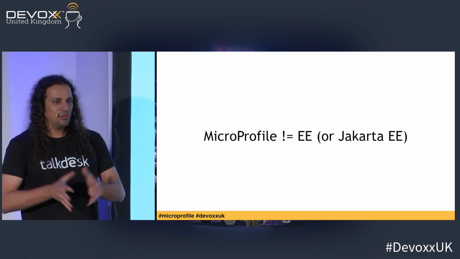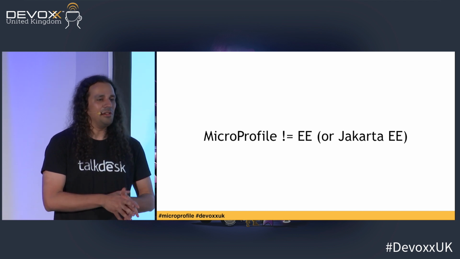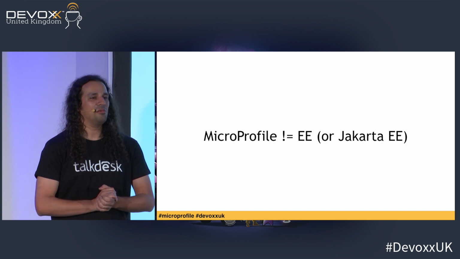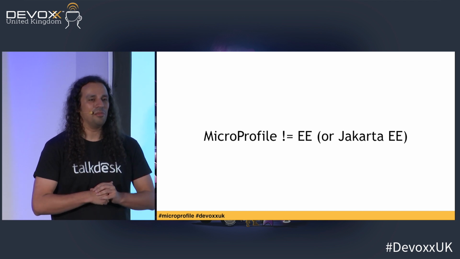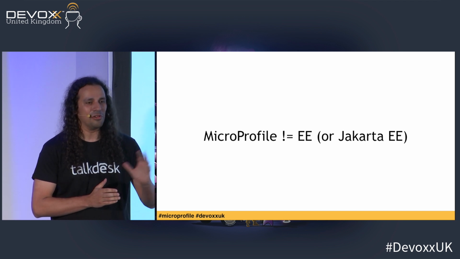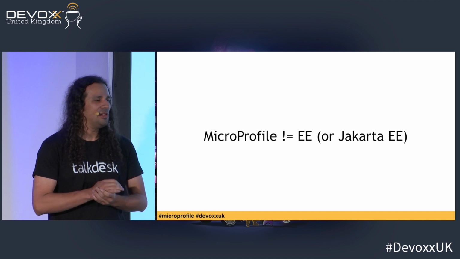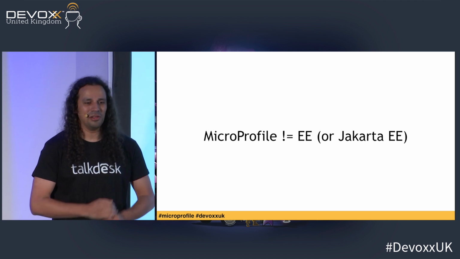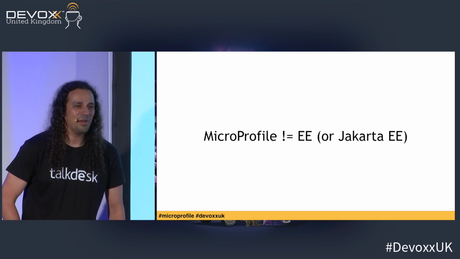One of the things that I want to make clear as well is that MicroProfile is not Java EE, or Jakarta EE now. If you probably heard the news, some time ago it was renamed when Java EE was donated to Eclipse and then named Jakarta. Probably you're also wondering what's going to happen now that they didn't come to an agreement to maintain the package naming.